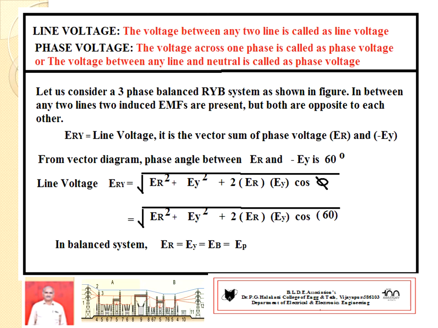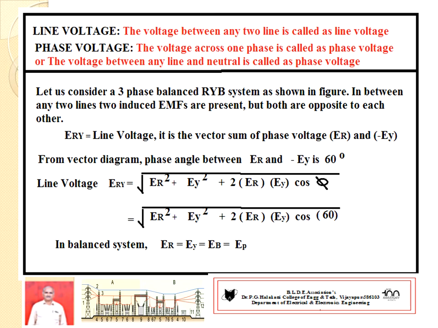Now the derivation starts. Let us consider a three-phase balanced star system as shown in the figure. Between any two lines there are two phase induced EMFs present, but they oppose each other. You take any one. Now I will take ERY as the line voltage.